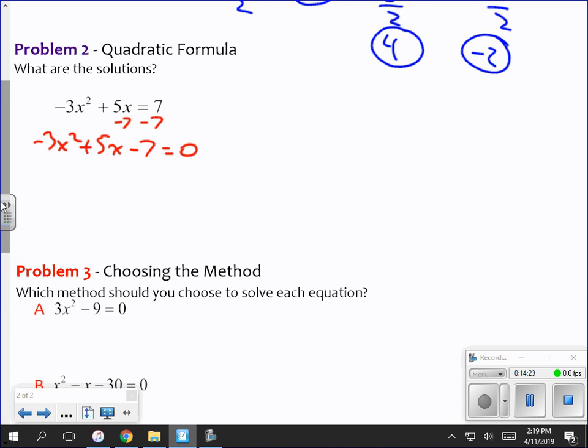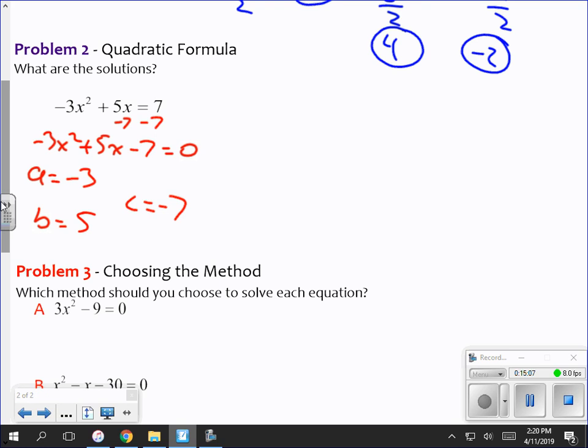Okay. Now, take a second, identify the A, B, and C. Put it on your papers. So this one, your A is -3, your B is 5, and your C is -7.